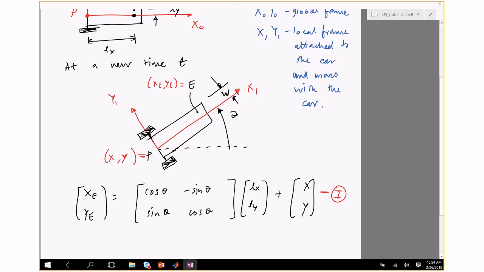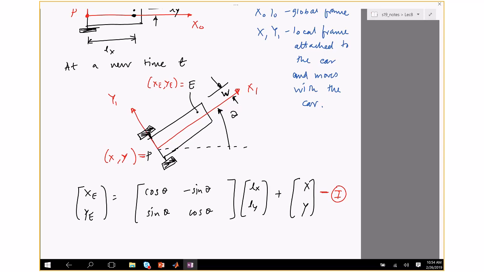In this case, you cannot control the position x, y directly. You can only control the speed of these wheels. So that adds a layer of complexity, because now you can only control the velocities and not the actual angle. So we need to find how to control the speed of the wheels so that you can get xe, ye to follow the path you want.